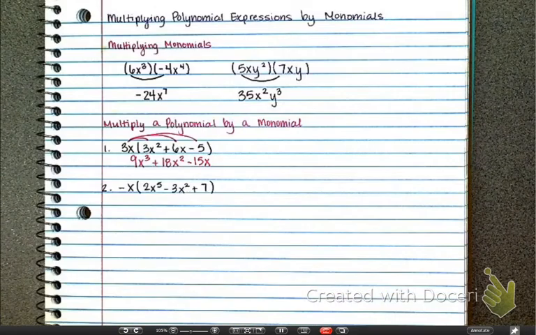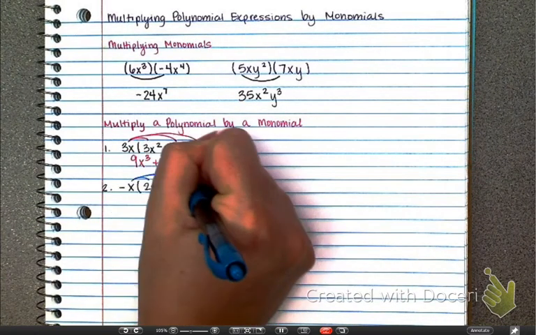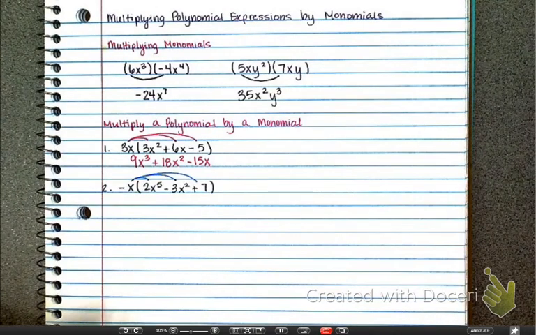So I have a negative x times 2x to the fifth minus 3x squared plus 7. What number or coefficient is in front of that x? 1.